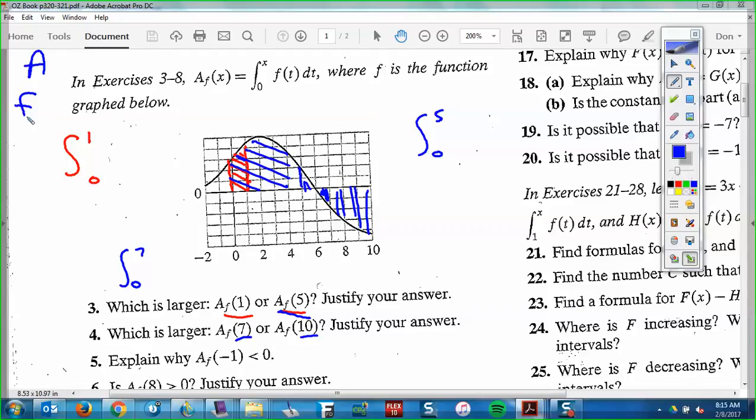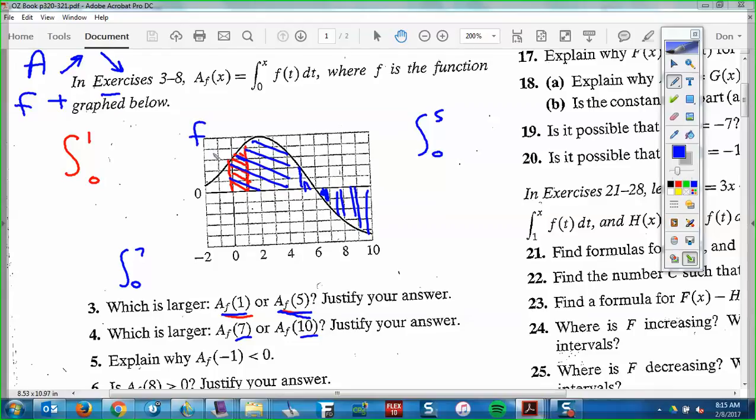Now, I'm glad you talked about it with area, because right now I want us to think of it as area. But I always want to keep going back to it's like slope too, right? What does it mean? If f is positive, what's A? Increasing. And if f is negative, A is decreasing, right? So, which is bigger, A of 1 or A of 5?